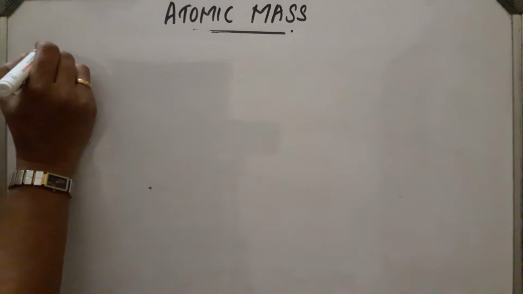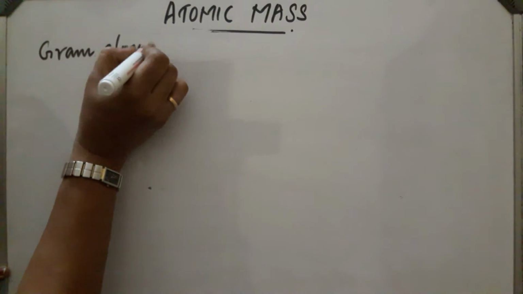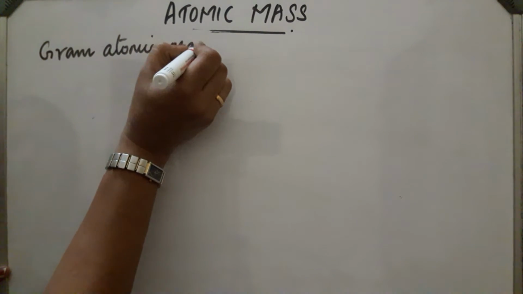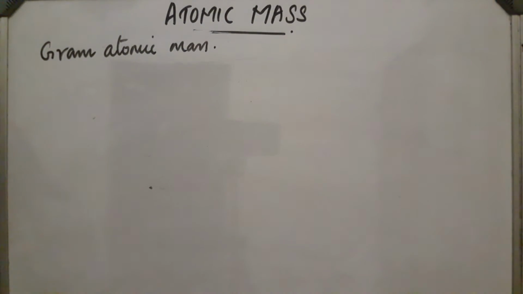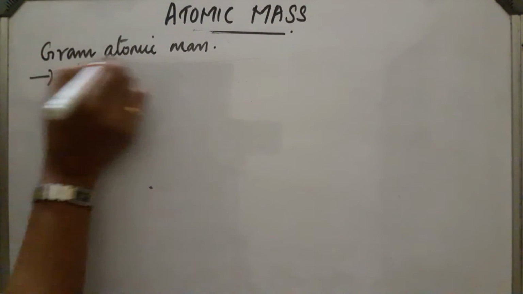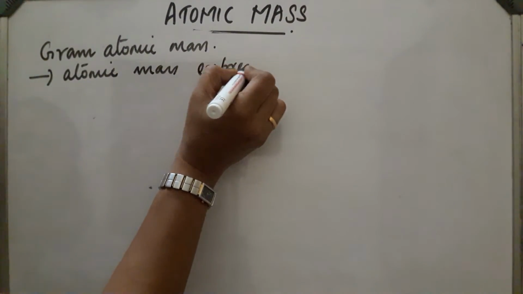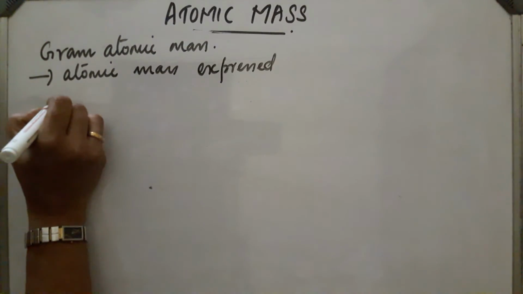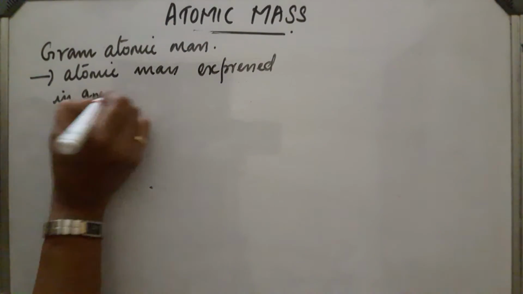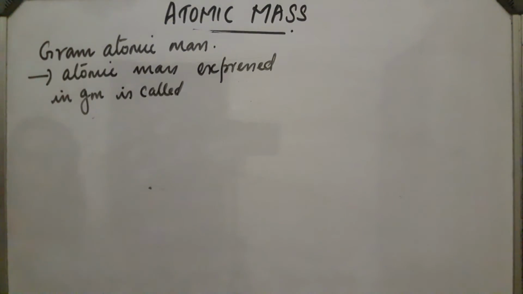Next is gram atomic mass. What is gram atomic mass? The atomic mass of an element expressed in grams is called gram atomic mass.